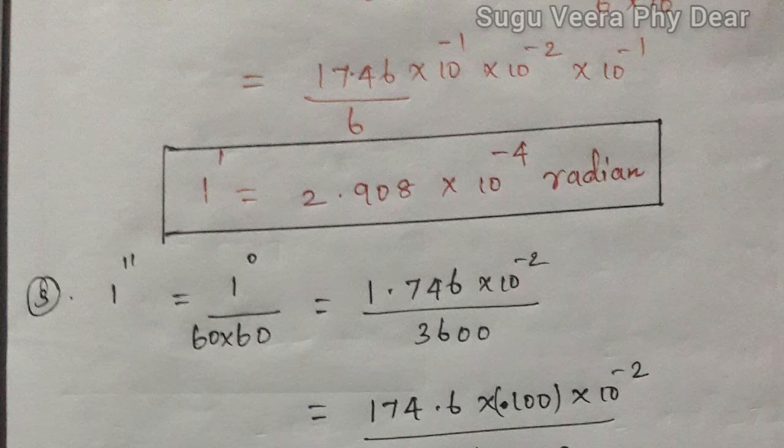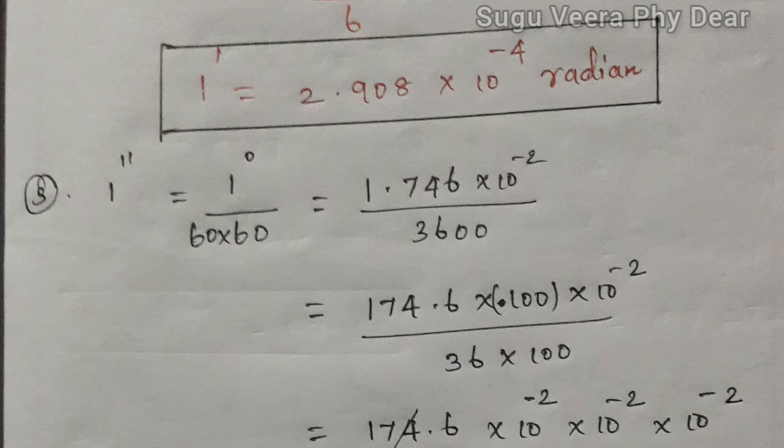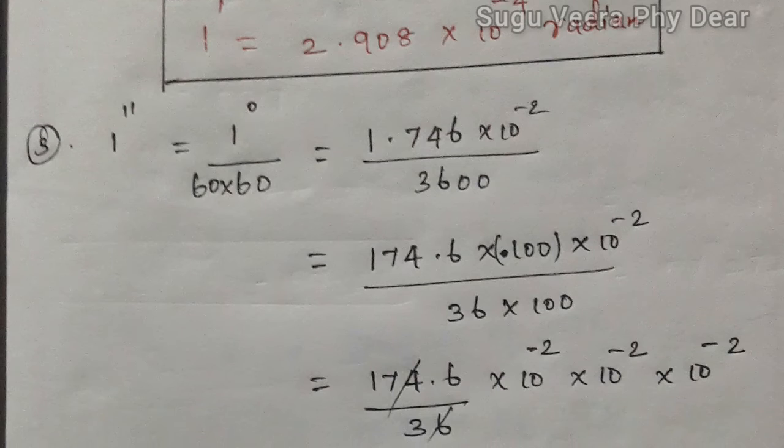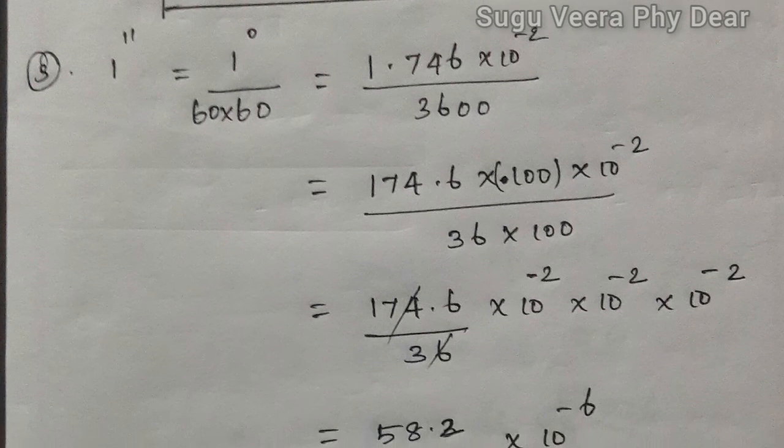The degree value is 1.746 into 10 to the power of minus 2, and 60 into 60 is 3600. Rearranging the numerator and denominator values: 174.6 into 10 to the power of minus 2 in the numerator and 36 into 100 in the denominator. The 100 is moved to the numerator, so we get 10 to the power of minus 2.